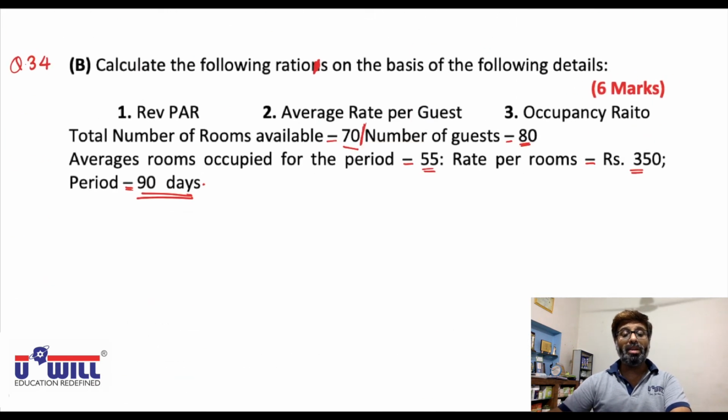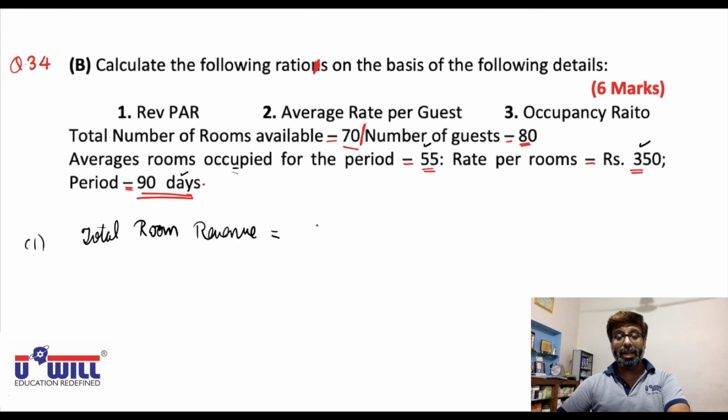What would be the total room revenue? 350 is the rate per room. Rooms occupied are sold are 55 and 90 days. So for the first answer, let us first find the total room revenue. Total room revenue would be equal to 350 is the rate per room. 55 rooms go on rent into rupees 350 is the rate of one room into 90 days.